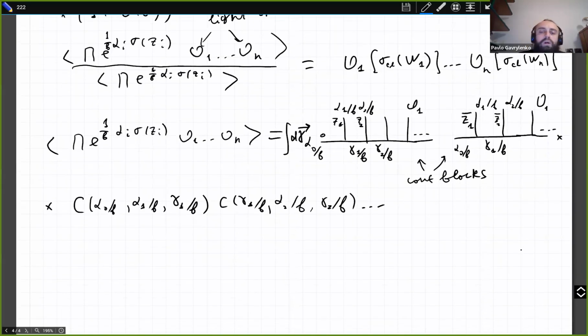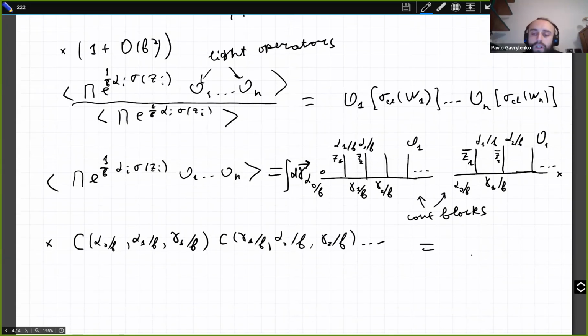And we know from our analysis of the classical limit of this QFT expression that the answer is e to the 1 over b squared times some s of sigma classical, times a product of operators O computed at this classical action.